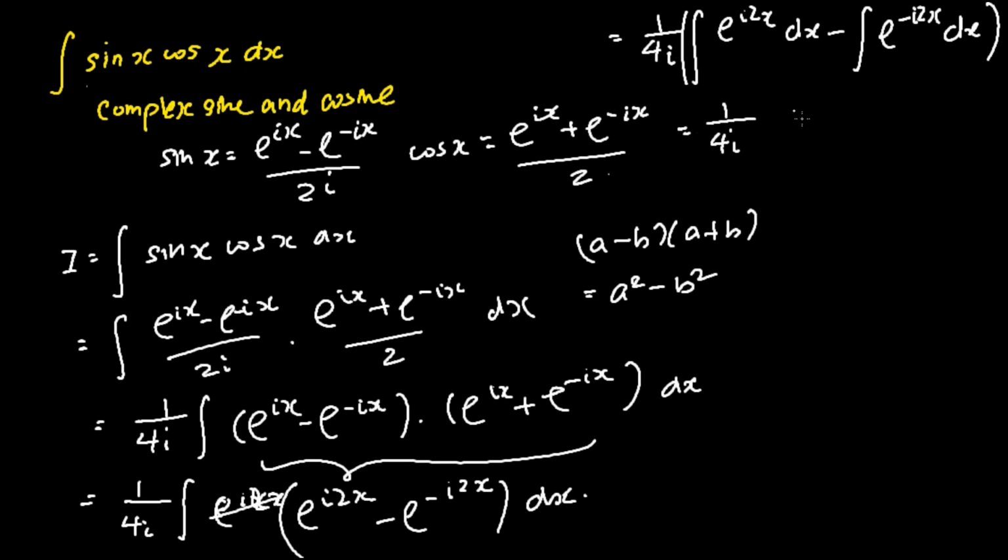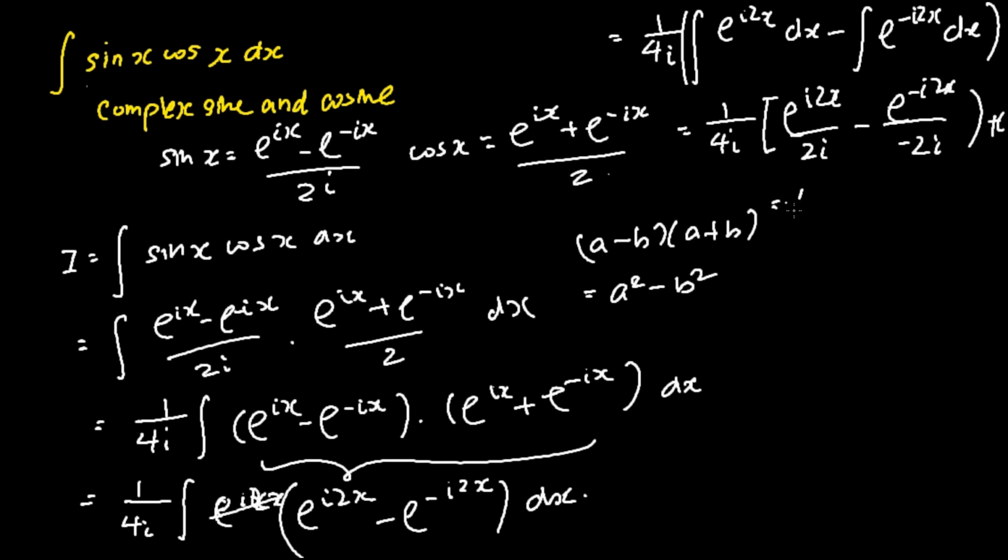So the integral of e to the power of i2x is just basically e to the power of i2x over 2i, whereas for the integral of e to the power of negative i2x, we get e to the power of negative i2x over negative 2i. And then we can simplify a little bit further.